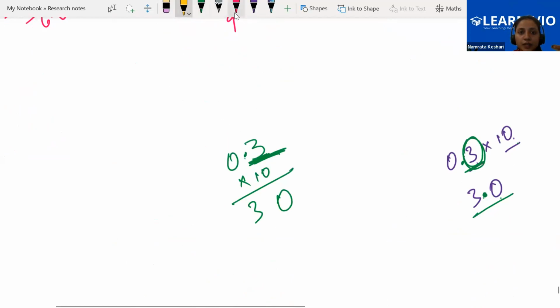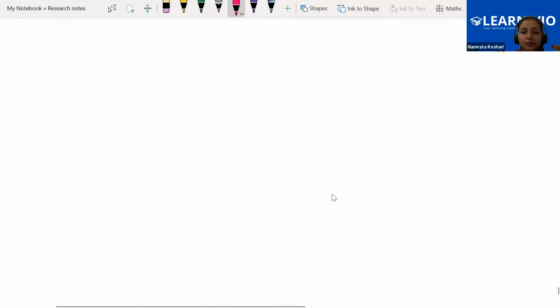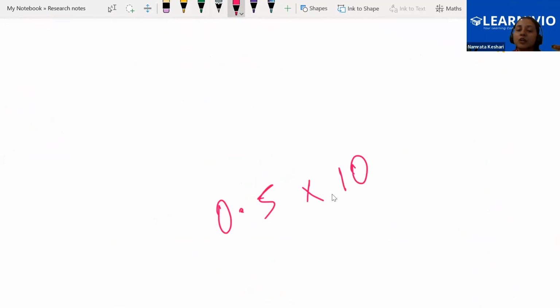Here only you will be able to understand. If we have 0.5 into 10, can you tell me, Ayan, what will be the answer? Decimal will shift one place. Whenever you multiply with 10, the decimal will shift one place towards the right side.